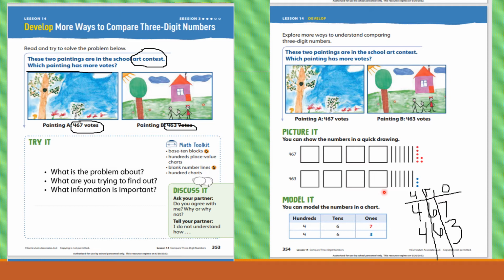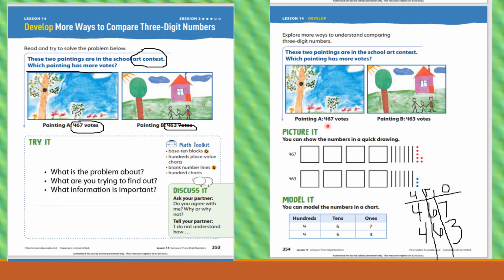Then I need to compare the tens. Each number has 6 tens. Now I need to compare the ones. 467 has 7 ones. 463 has 3 ones. Which painting got the most votes? Painting A or painting B?